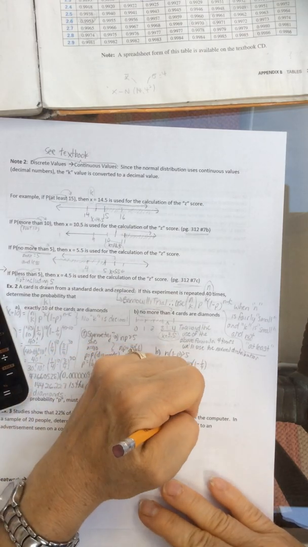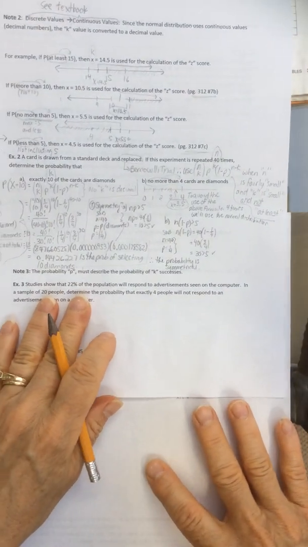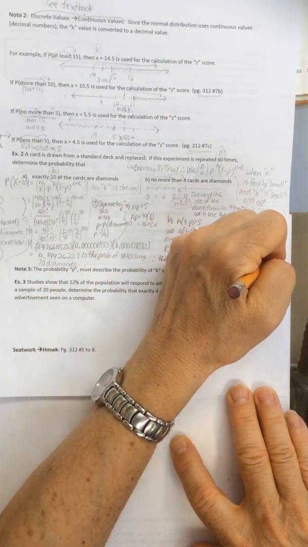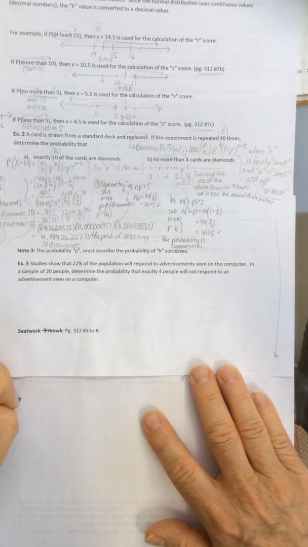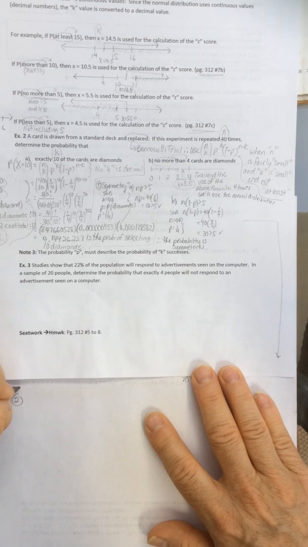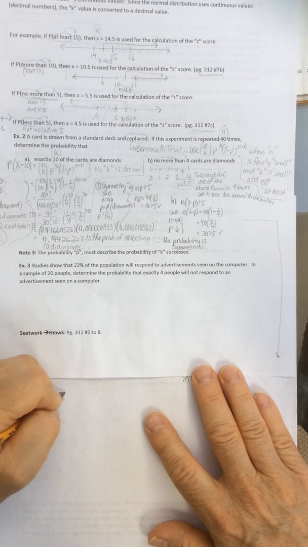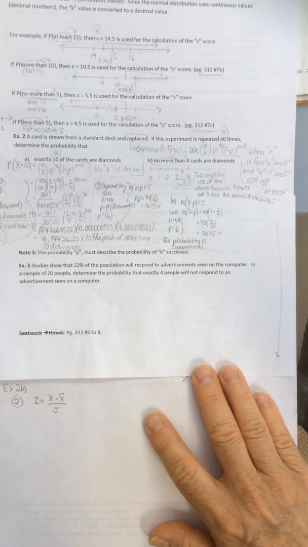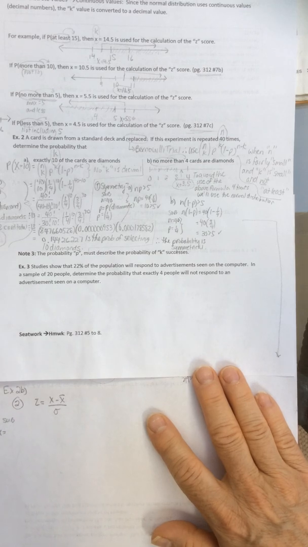Now we're going to go to step 2. Step 2 is using the formula z equals x minus the average divided by the standard deviation, where we're going to sub in the x value, which is k successes.